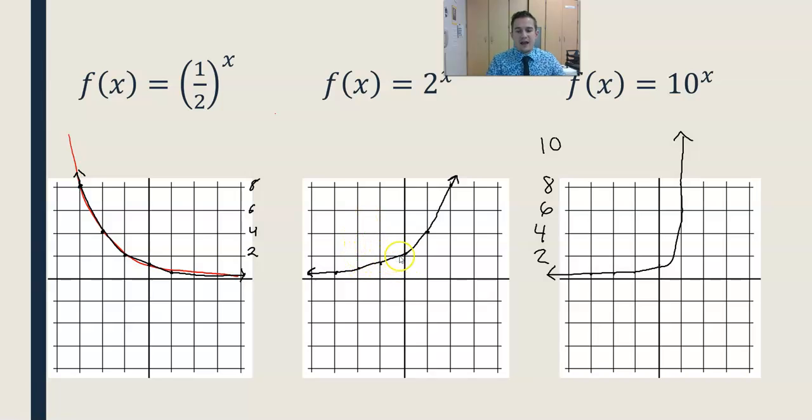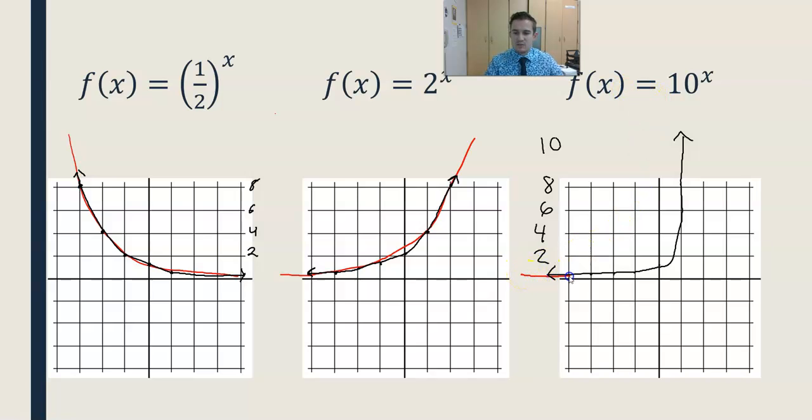This graph, I had 0, 1, 1, 2, 2, 4, and then I had -1, 1/2, and 1/4, and 1/8, etc. So this graph kind of starts really small on the left and then gets really big as I move farther to the right. Same here with f of x equals 10 to the x.